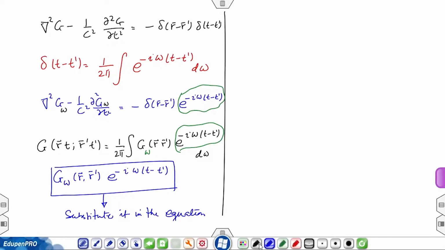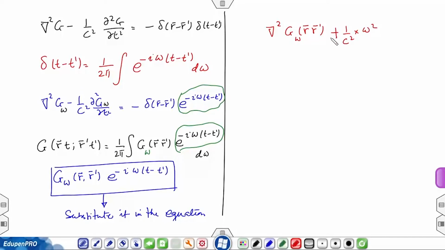When I do that, I get del square g omega r r prime, for a particular frequency omega, minus 1 over c square times omega square with a minus sign.